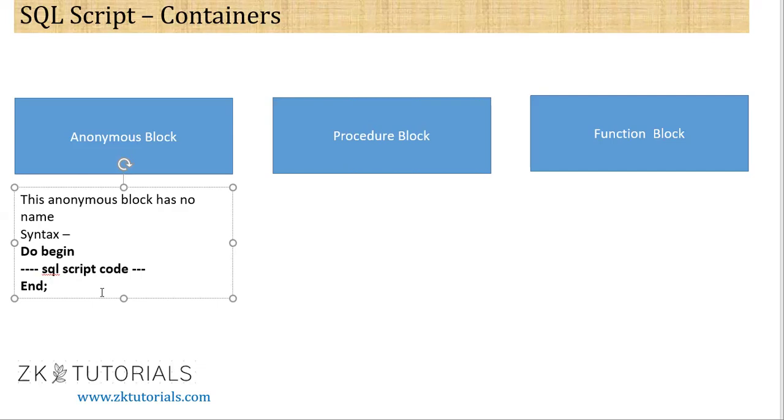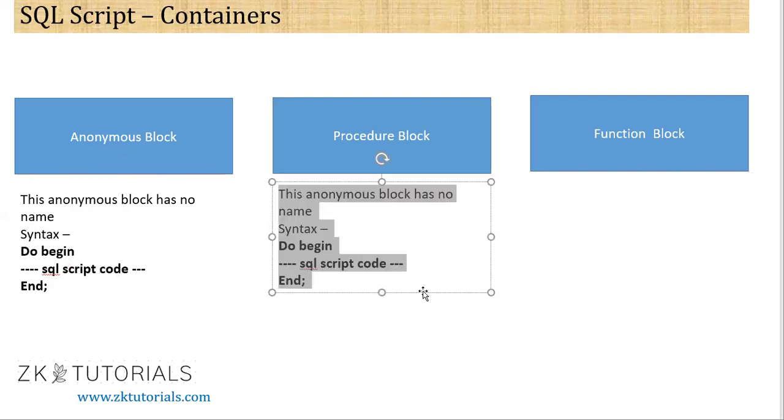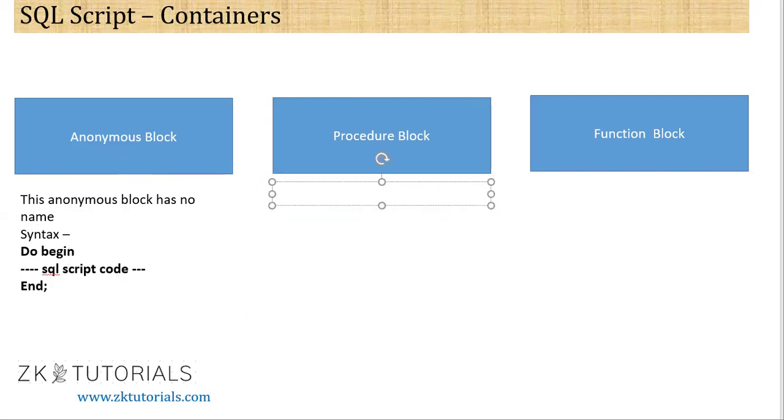Now, to create a procedure, what is this procedure block? These will exist in your system. One second, let me remove everything. So to create a procedure block in HANA, the syntax is different and it's called a procedure. How can we create it?